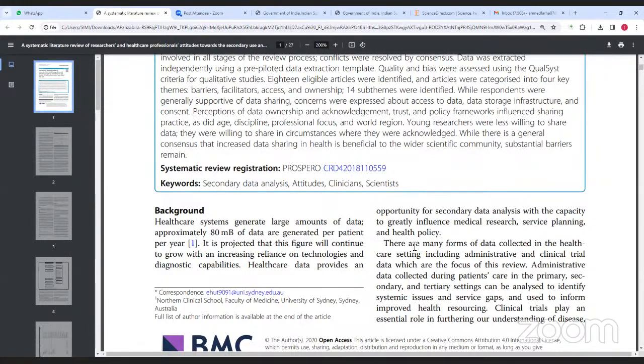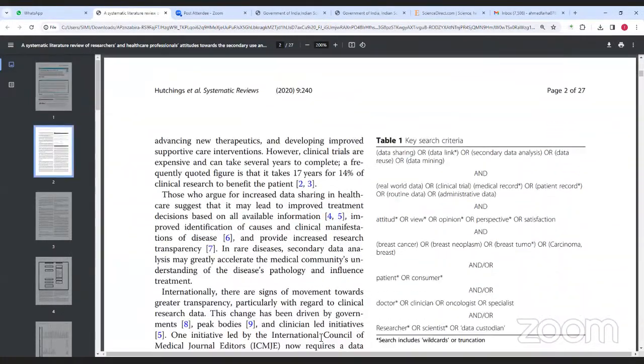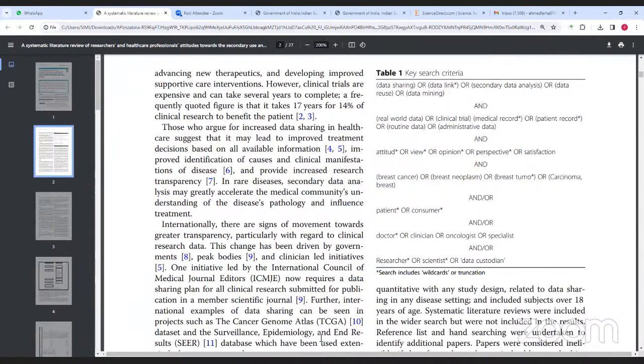Administrative data collected during patient's care in the primary, secondary, and tertiary settings can be analyzed to identify systematic issues and service gaps and used to inform improved health resourcing. Clinical trials play an essential role in furthering our understanding of disease, advancing new therapeutics, and developing improved supportive care interventions.